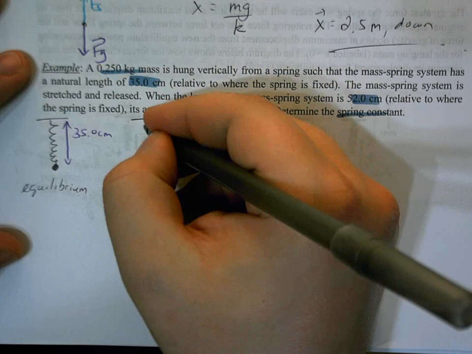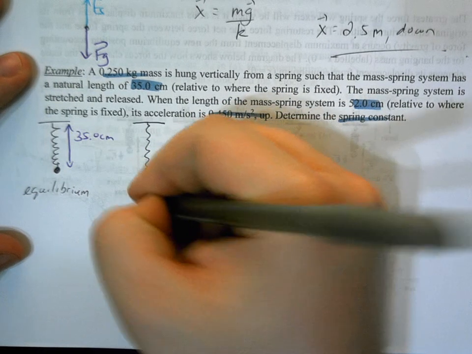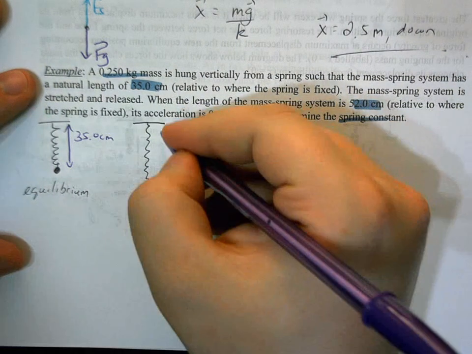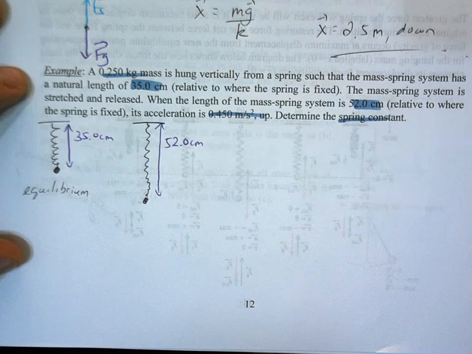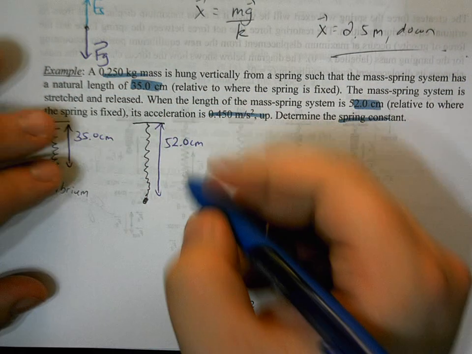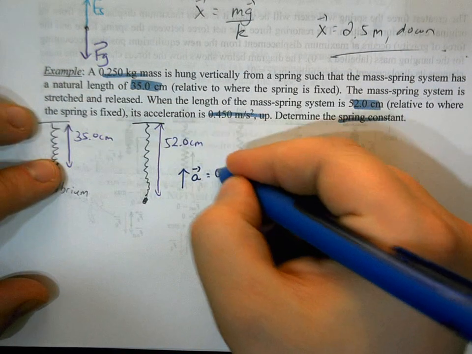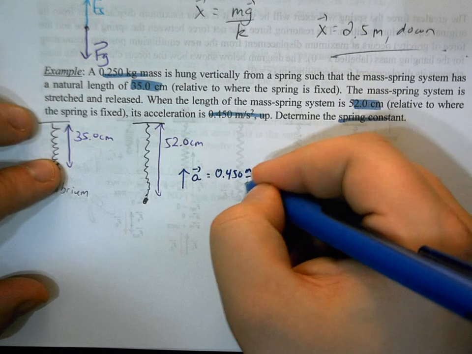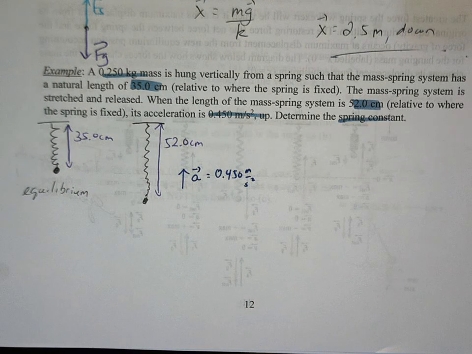At some point, when the whole system has a length of 52 centimeters, the acceleration is up, and it is 0.450 meters per second squared. What we've been asked to do with this information is determine the spring constant.